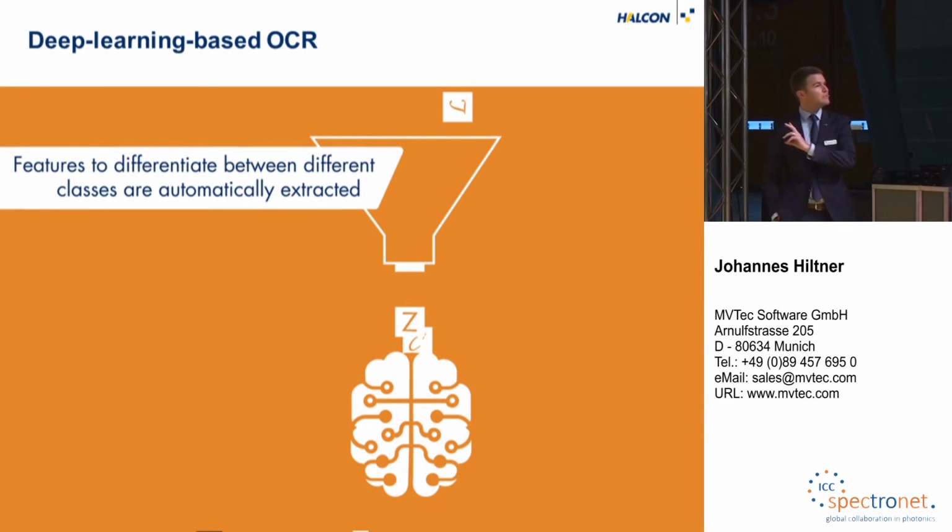I saw this big brain today already by other companies who try their first steps with deep learning. And then this deep learning approach, it automatically extracts features to automatically differentiate between those many different classes which we see from OCR applications.